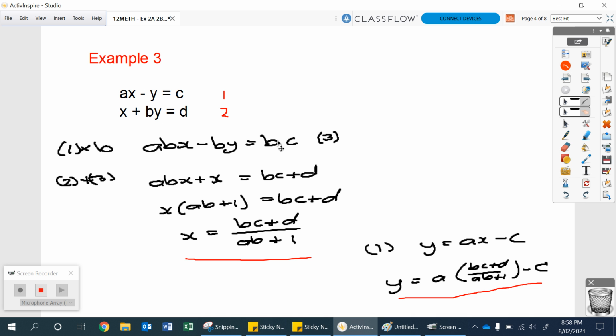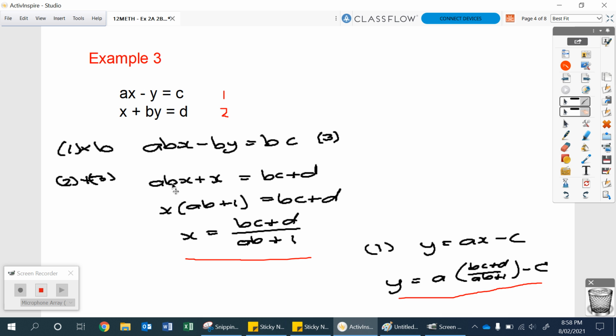Just everything's multiplied by b. I've called that equation 3. So now we have a minus by and we have a plus by. Once again, they're opposite signs, so we're going to add together. If we had gone with the a's, we'd be subtracting at this stage because they had the same sign. We haven't. We're adding them together. So equation 2 plus equation 3 to eliminate the y's.